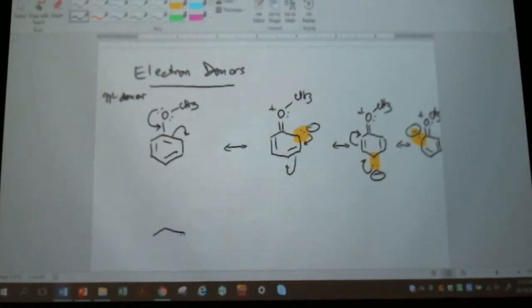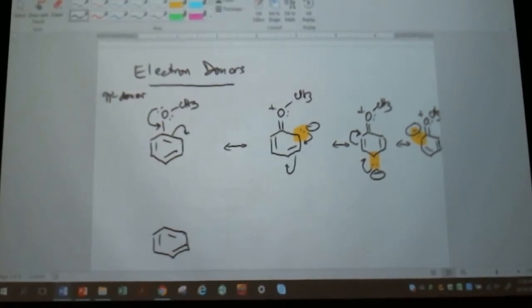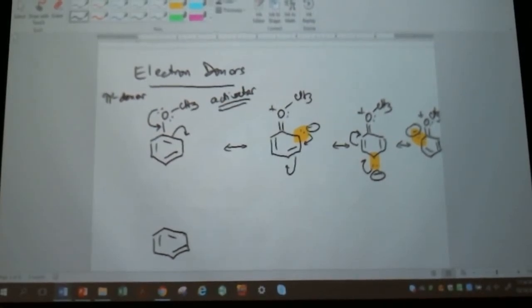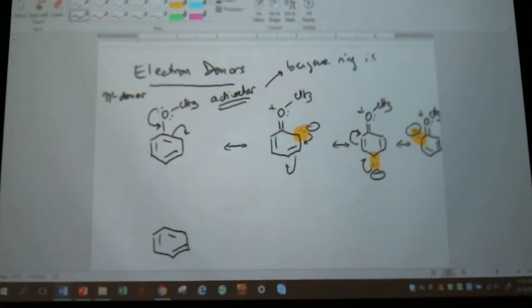Compared to benzene, these are more nucleophilic than benzene because the oxygen is shoving electron density into the ring and making it more nucleophilic. So, first of all, we call this an activator because it is activating the ring, making the benzene ring more nucleophilic than before.